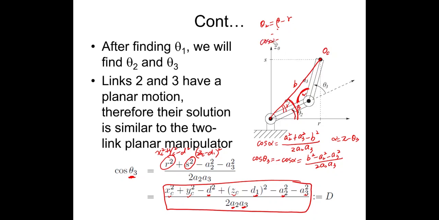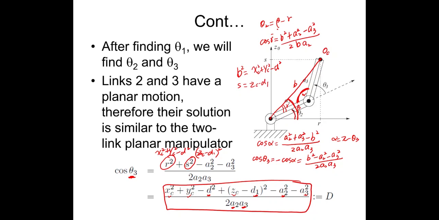Cosine gamma equals b squared plus a2 squared minus this length, that is a3 squared, over 2b. What is S? S equals c minus d1.